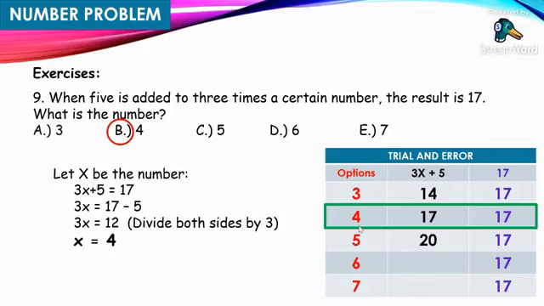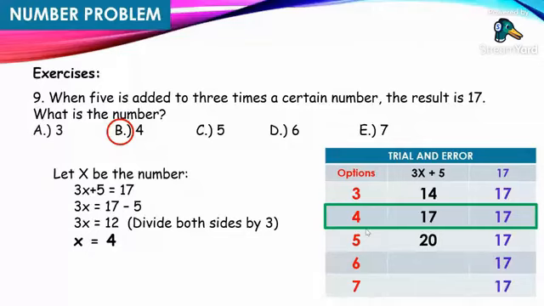So pag 5, 5 times 3 is 15 plus 5, that is 20. So ibig sabihin, mas mataas na sa 17. So wag mo nang i-try si 6 at saka si 7. So doon tayo mag-try sa mas mababang numbers. So ibig sabihin, the answer is letter B, and that is 4.